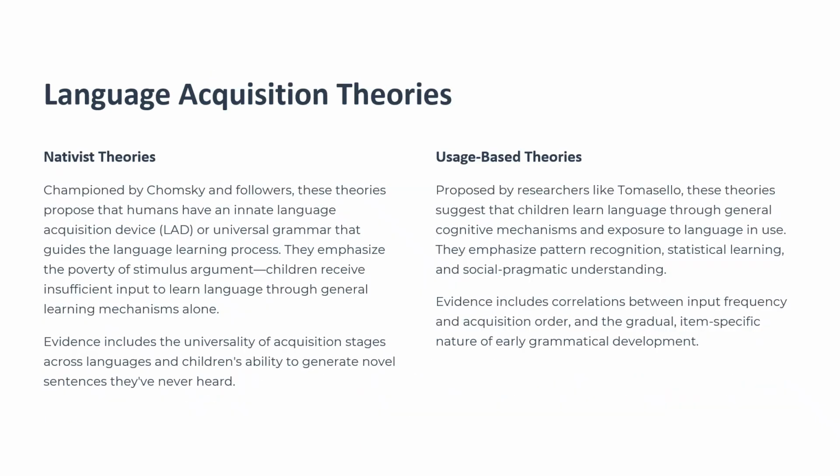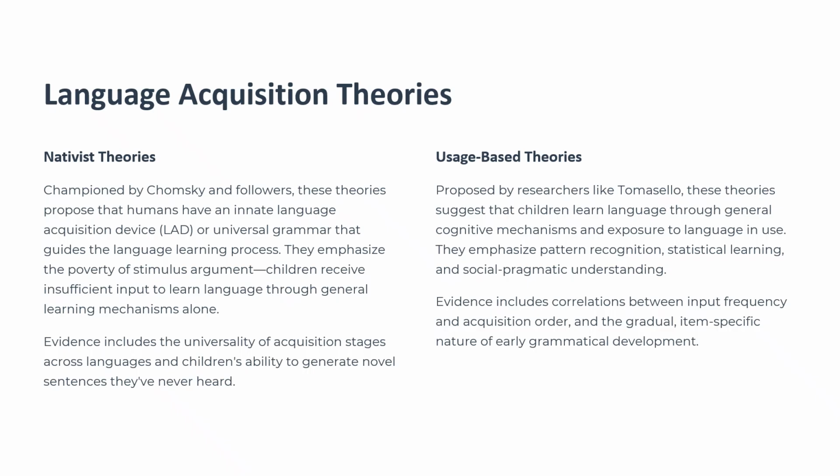Language acquisition theories: nativist theories and usage-based theories. Championed by Chomsky and followers, nativist theories propose that humans have an innate language acquisition device, the LAD, or universal grammar, that guides the language learning process. That's why these are called nativists.